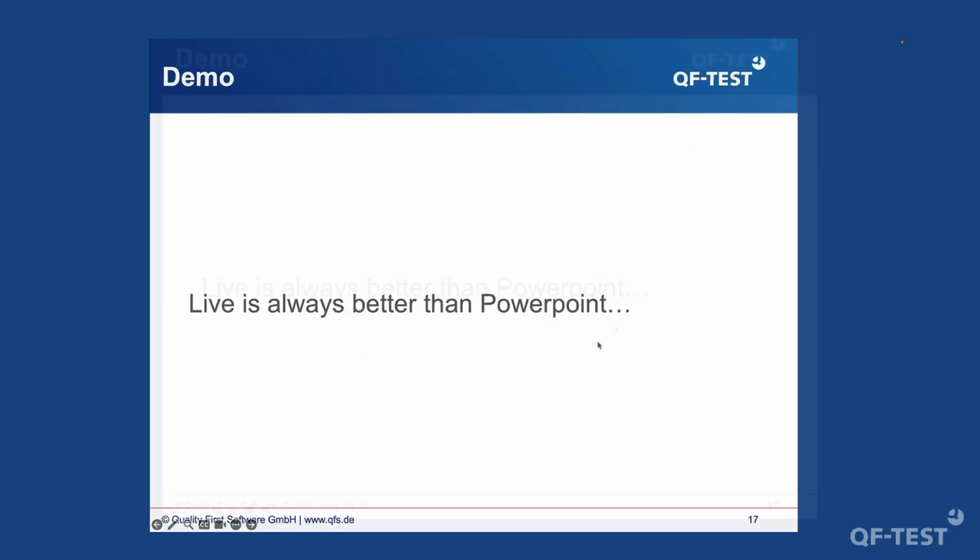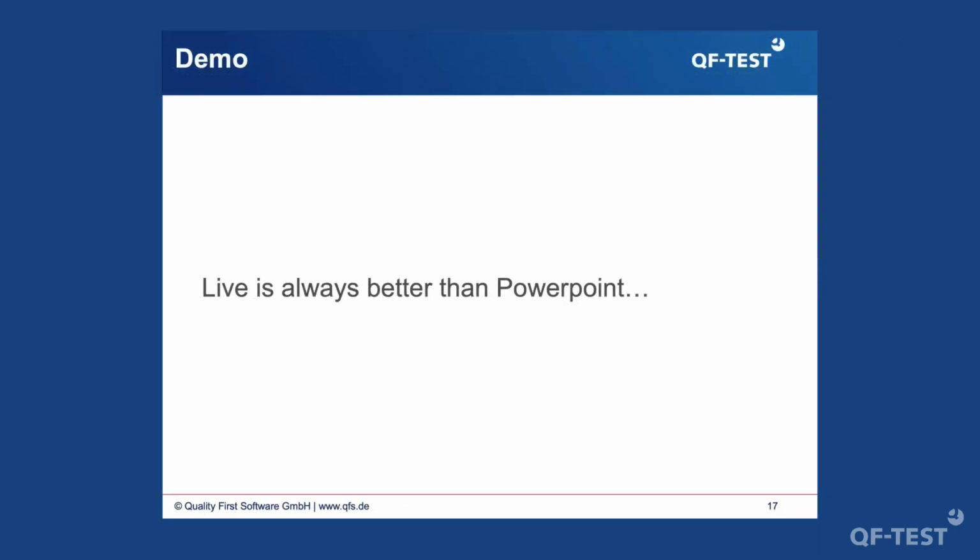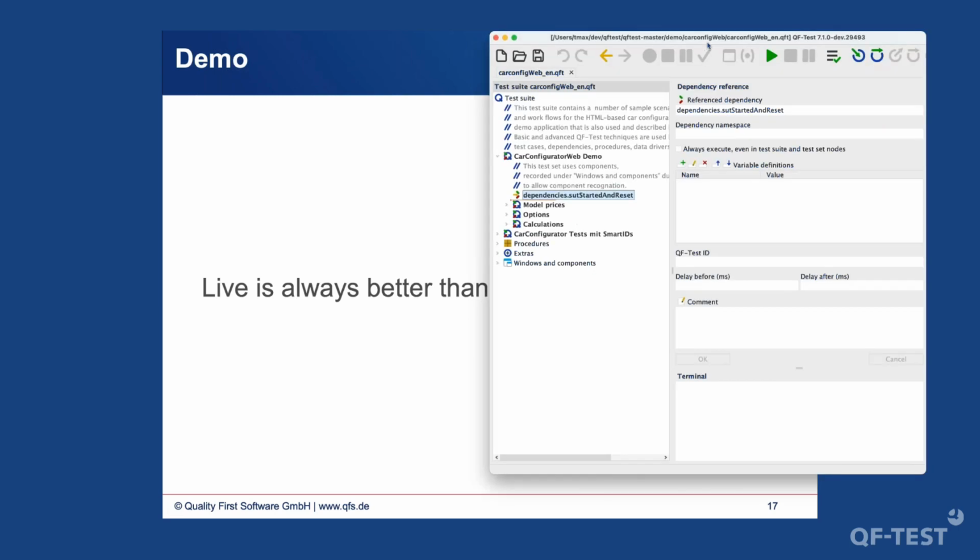So as I said, live is always better than PowerPoint. Let's switch to my demo where I can show you this. Basically, I'm using this car config web test suite, which is in your installation of QF-test. If my QF-test looks a bit different than yours, it's because I'm using here QF-test 7.0 minus development, which is the actual development snapshot right now.